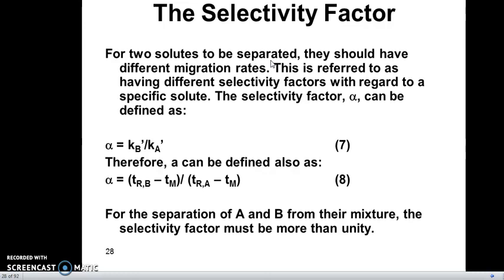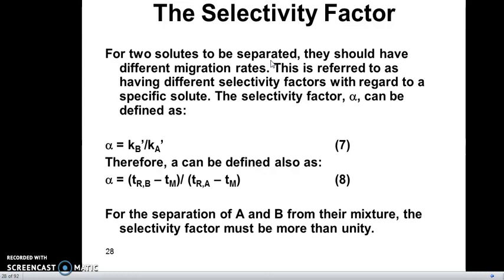Now, in the last lectures we have already found the distribution constant, that is K. Now the distribution constant you see on the screen: alpha is equal to Kb upon Ka.